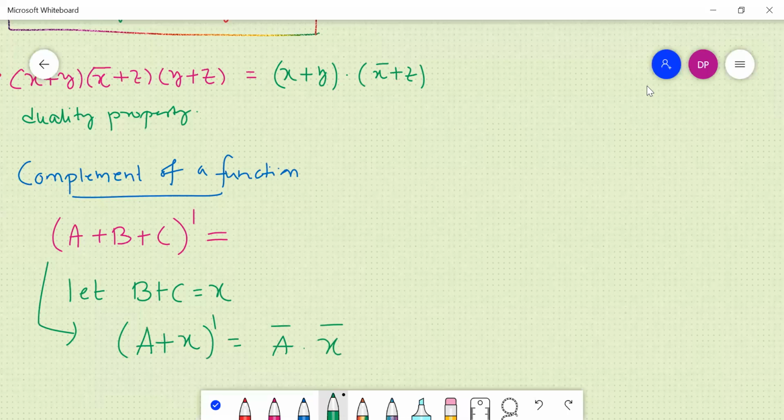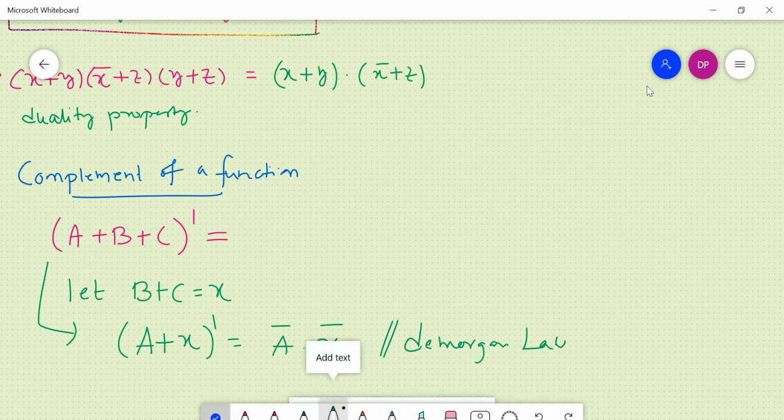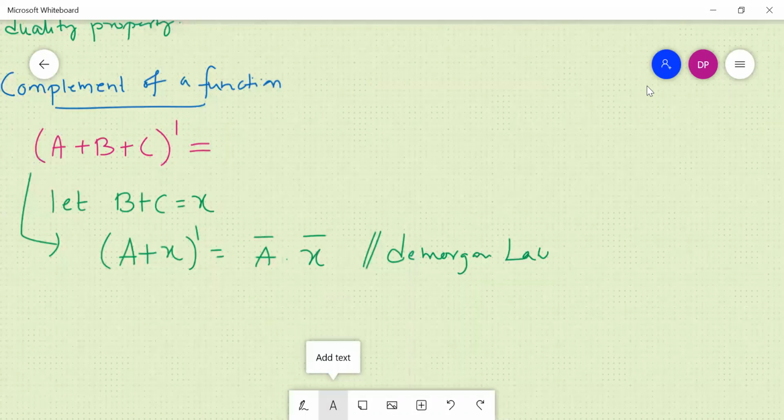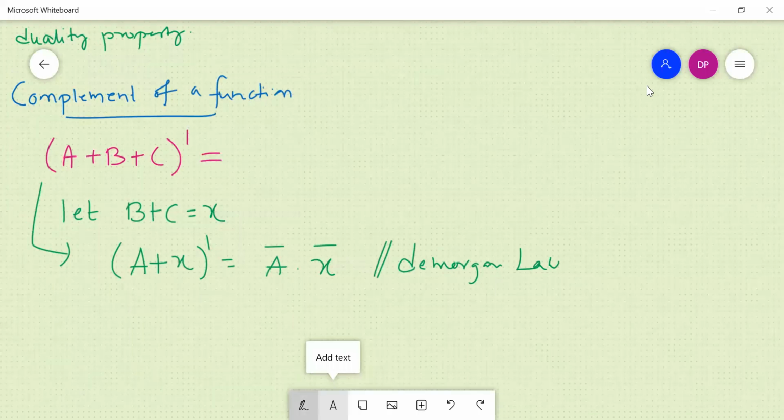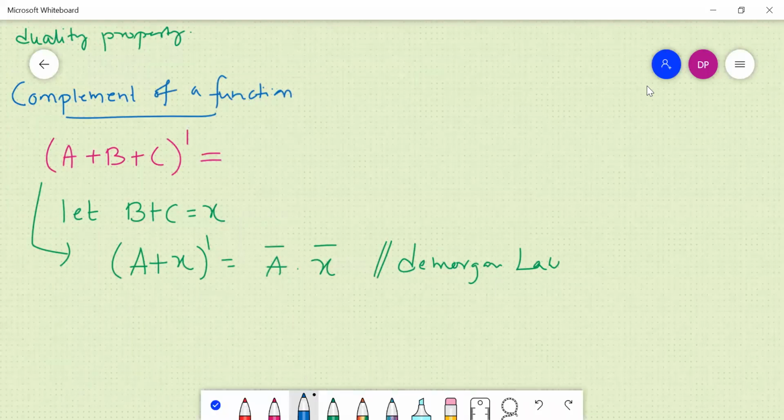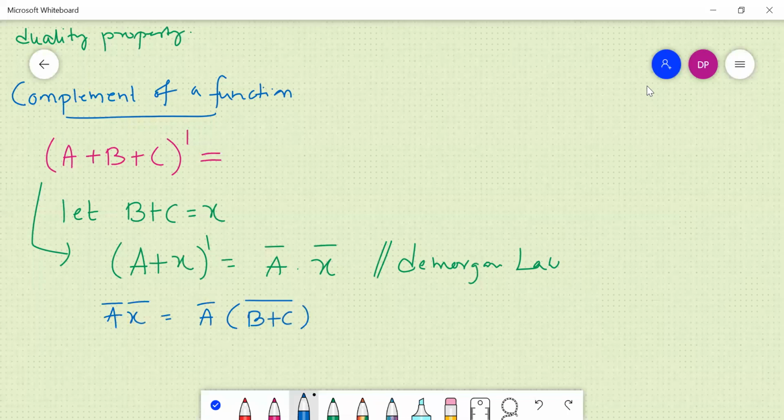So I have used De Morgan's law. Then what can be written for this? We have a complement, x complement. What is x? X is b plus c, its complement.